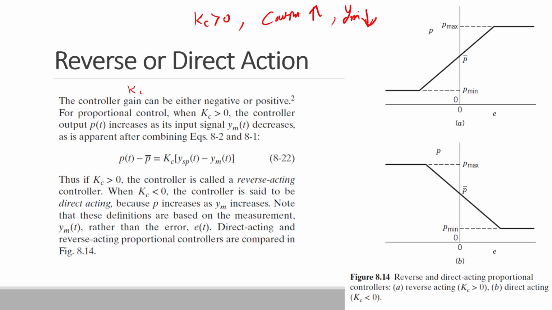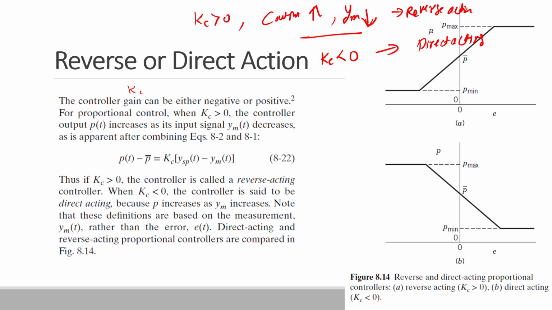Such a kind of action is known as reverse acting. Similarly, for this system, if Kc is less than 0, then it becomes direct acting.